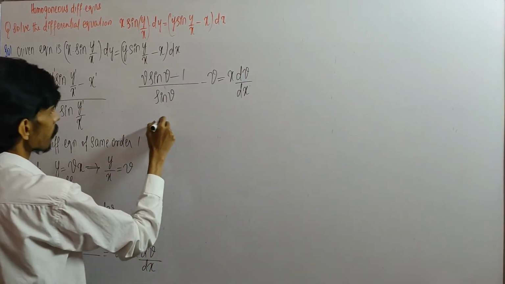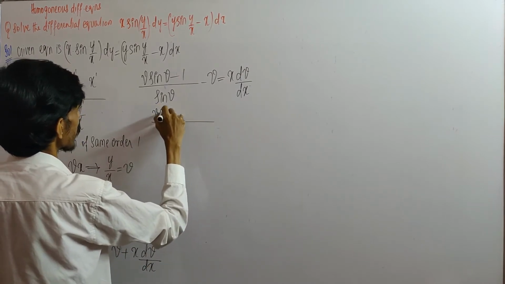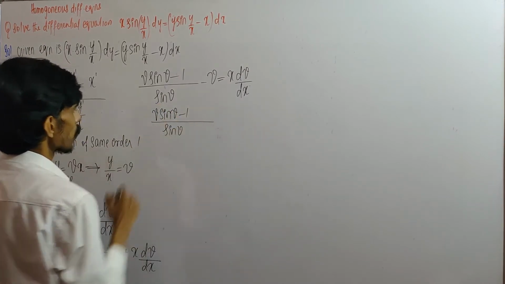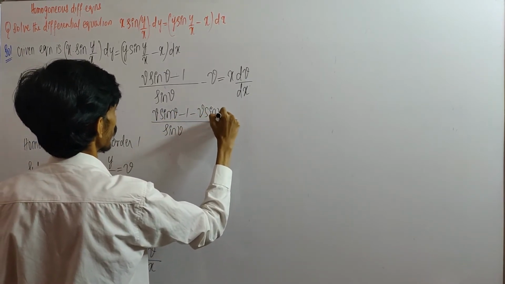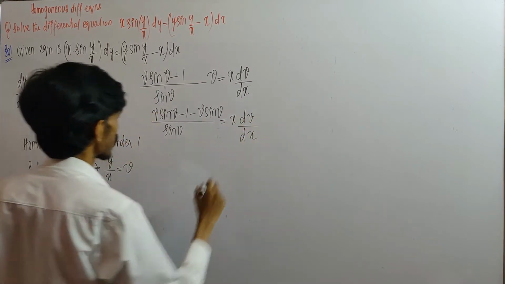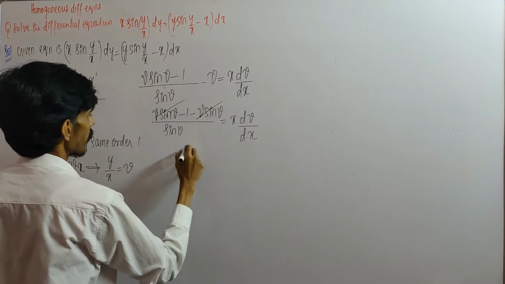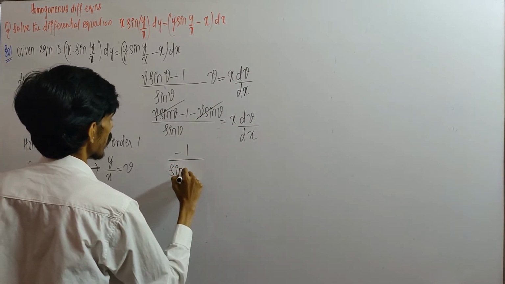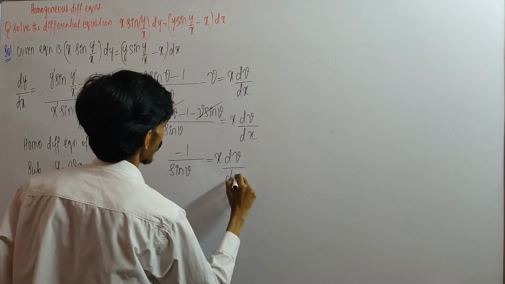Now take LCM. We have sin v, v sin v minus 1, sin v into v, we'll get v sin v, equal to x dv by dx. Now these two terms will get cancelled. Here we have minus 1 by sin v equal to x dv by dx.